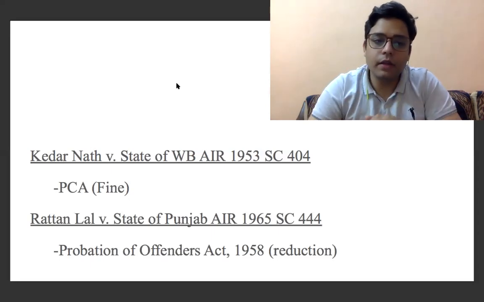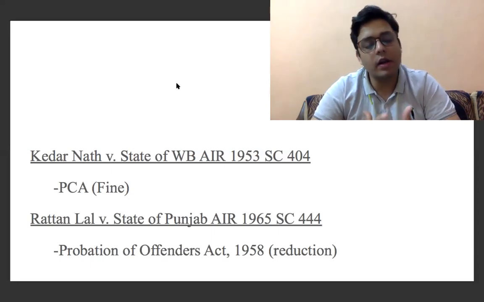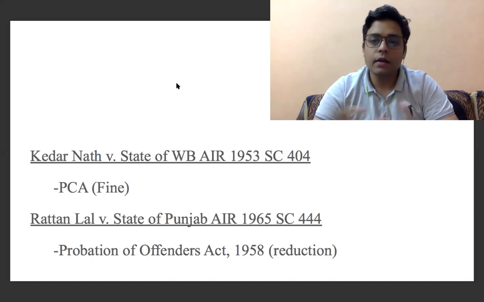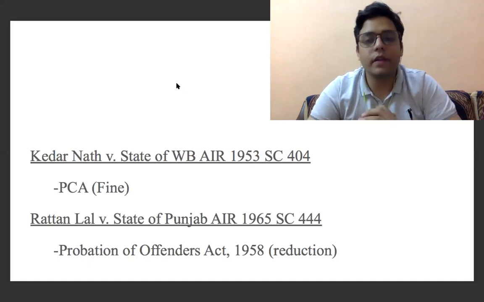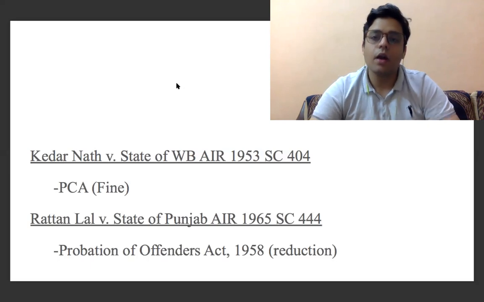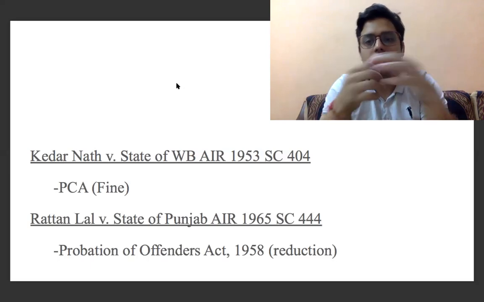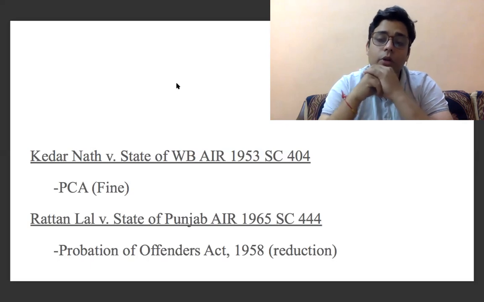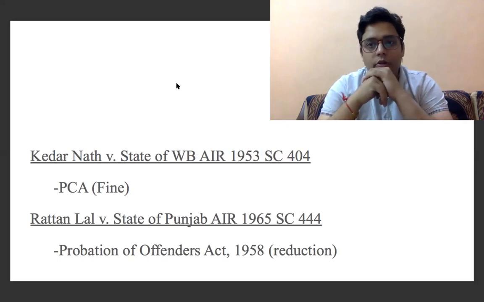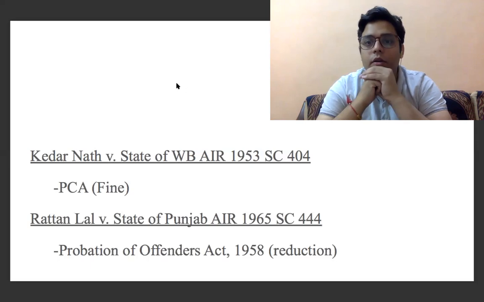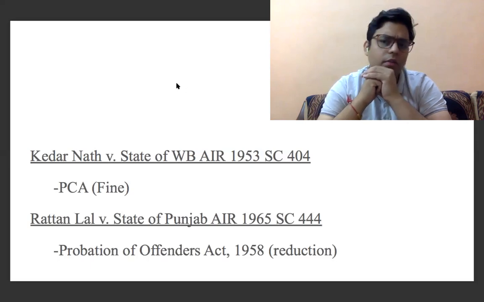So, in this Ratanlal case, what happened was a young boy of 16 years committed an offense of house trespass, and during that he also molested a young girl. So imprisonment was given to him for like 6 months, I guess.